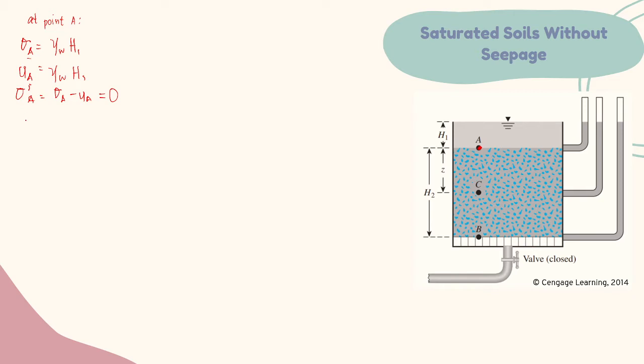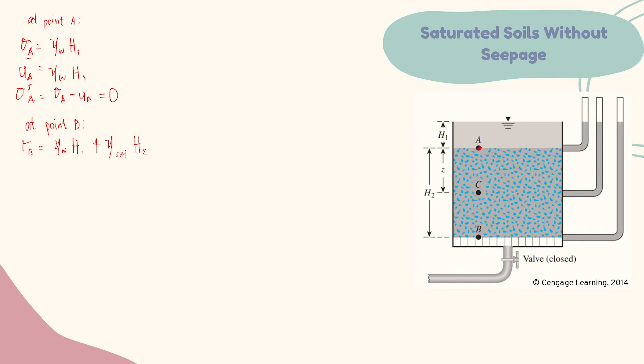So now let's proceed to point B. The total stress at point B is equal to the unit weight of water times H sub 1 plus the saturated unit weight times H sub 2.